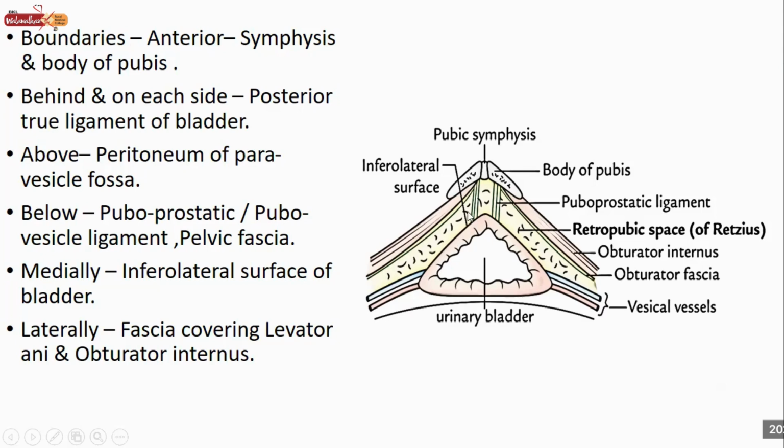Medially, it is related to the inferolateral surface on either side. And laterally, it is the fascia covering the levator ani and obturator internus. So this is a horseshoe-shaped space, the space of Retzius.